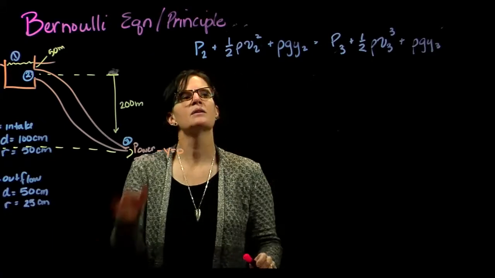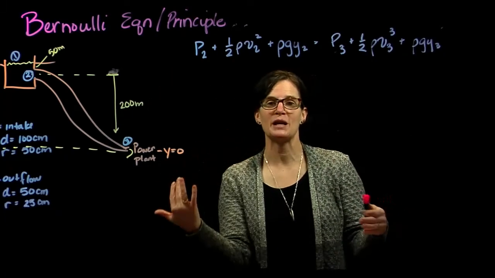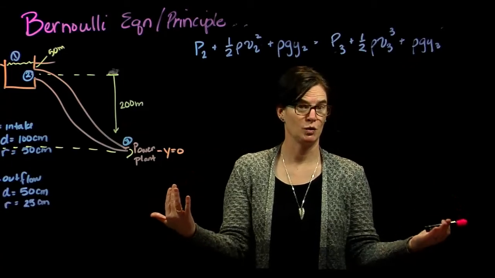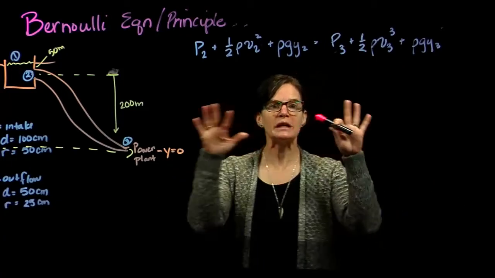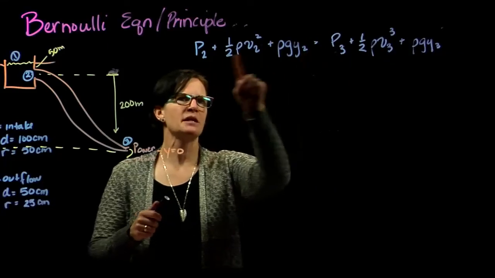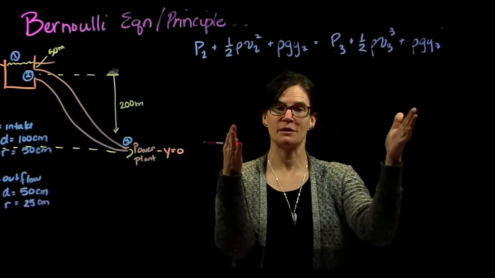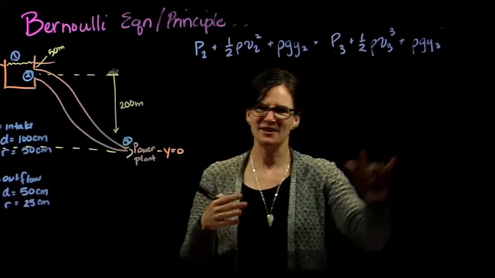All right, so we're interested in the pressure difference, the difference between 3 and 2. We can rearrange this equation to look at that pressure difference, P3 minus P2. If I bring P2 to this side, everything here comes to this side.